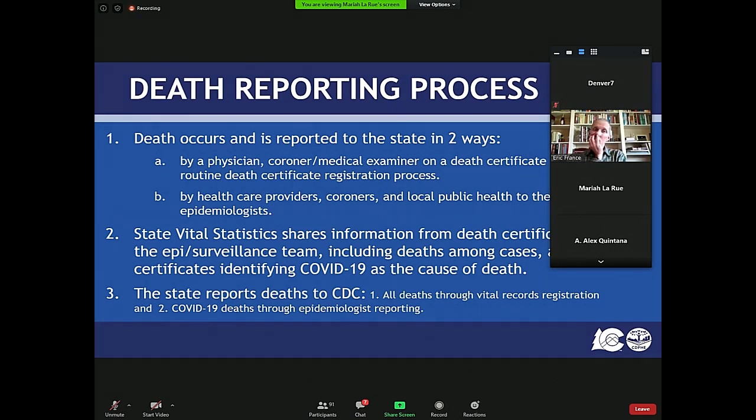These death certificate data also get reported to the Centers for Disease Control, or CDC, specifically the National Center for Health Statistics, who rolls this information up from vital records offices all across the country in order to produce national level vital data for the country. So if we go to the next slide, please.